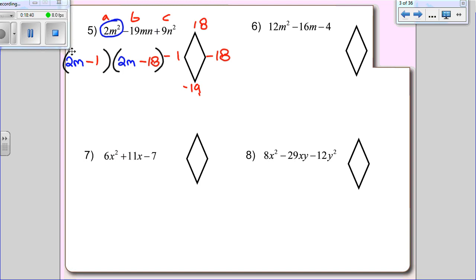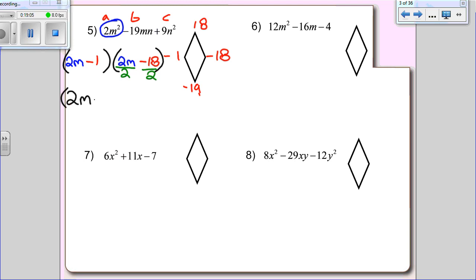Which one can divide by 2? The one on the right. And I'm not doing a greatest common factor, so don't make that mistake. I'm dividing out my mistake, my intentional error. I'm fixing my error. So my final answer would be 2m minus 1, and then m minus 9.